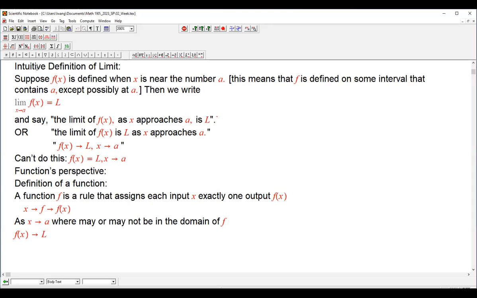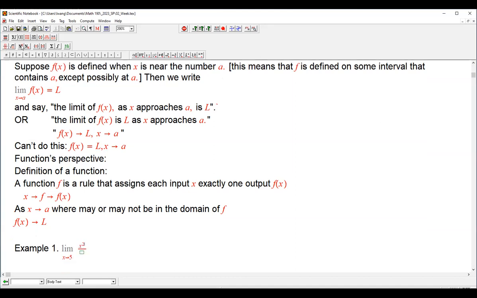Okay, so let's look at some examples. The example we have done in class is this one. We have the limit as X approaches 5. And here we have a rational function.